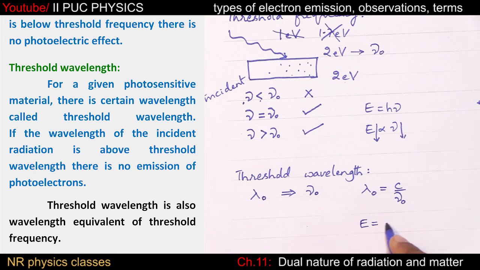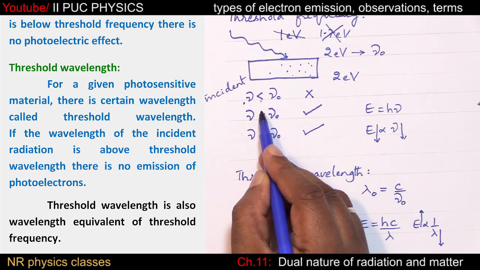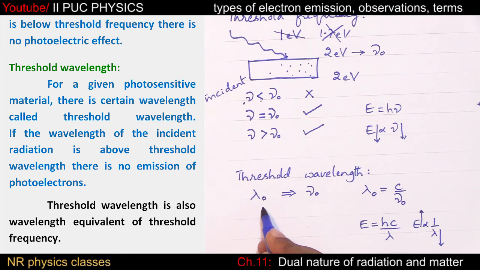Energy equals hc by lambda. Energy is proportional to 1 by lambda. If lambda decreases, energy increases. Just like this, understand for threshold wavelength. If the wavelength of incident radiation is less than the threshold wavelength, wavelength is less means energy is more, then there is emission.